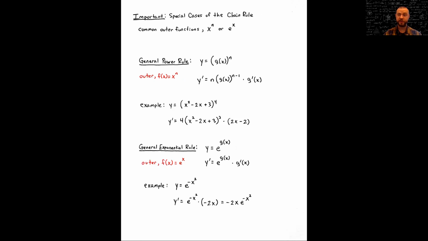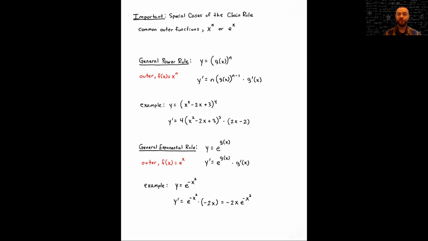So our original function comes back, e to the negative x squared. The only thing we need is the inner function, negative x squared. We just need to calculate its derivative. And the derivative of negative x squared is negative 2x from the power rule.